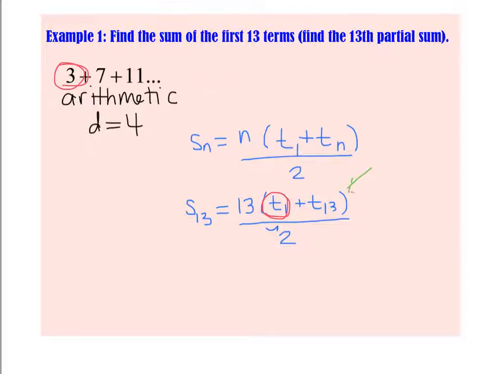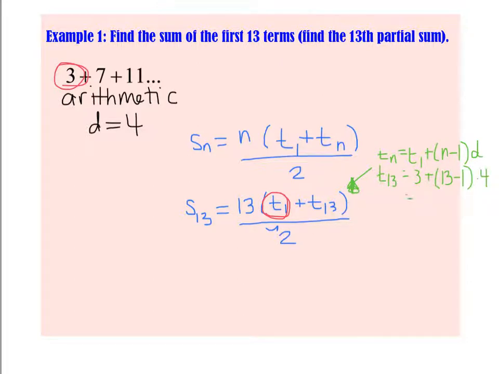Now, remember, this is something that you learned earlier in this chapter, how to find a specific numbered term. That formula for an arithmetic sequence is Tn equals T1 plus n minus 1 times d. So if we're finding the 13th term, we're taking the first term, which is 3, plus 13 minus 1 times our common difference of 4, which we already determined.